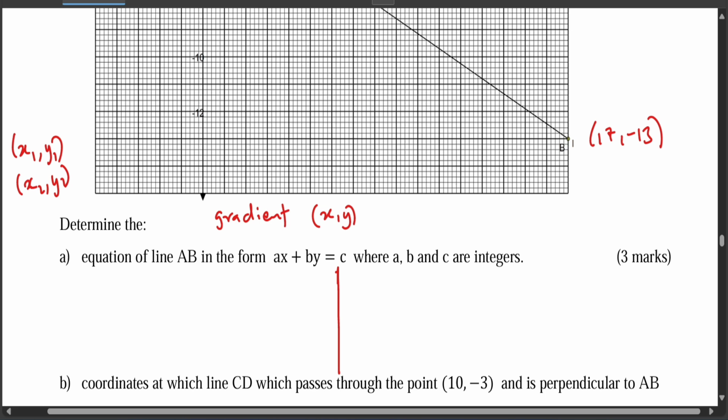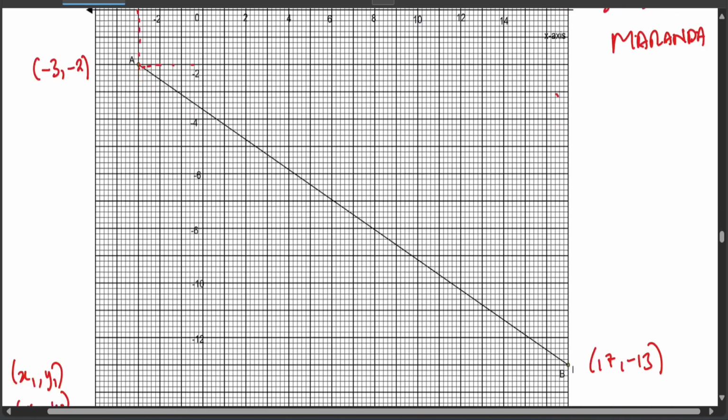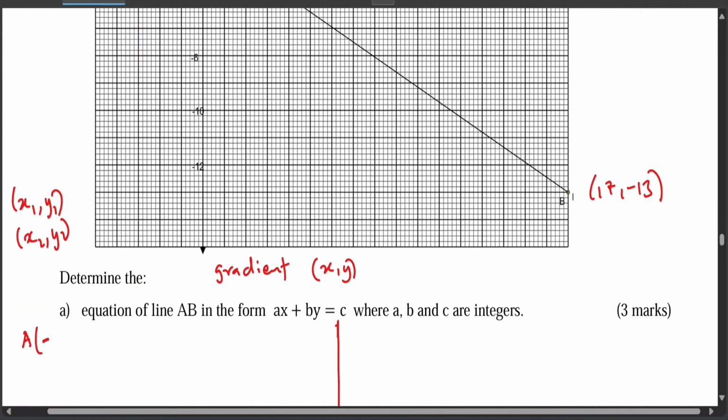So the first point being A, which is -3 and -2. Sawa, wacha niandike hapo kwa sababu ya nafasi. So A is -3, -2, and B is 17, -13. So kama kawaida yetu kutafuta gradient ni y1 minus y2 over x1 minus x2, ama y2 minus y1 over x2 minus x1.